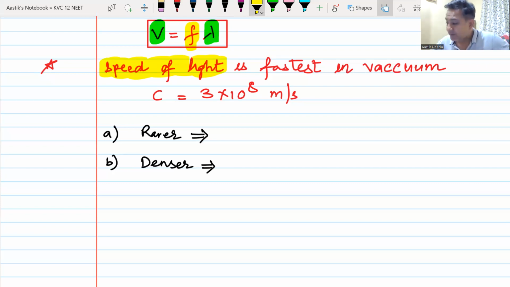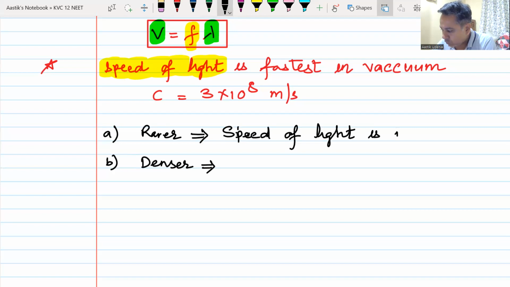So the denser medium will reduce the speed of light while the rarer will increase it. Medium does not increase the speed, so I'll correct that: a rarer medium is a medium in which the speed of light is more.